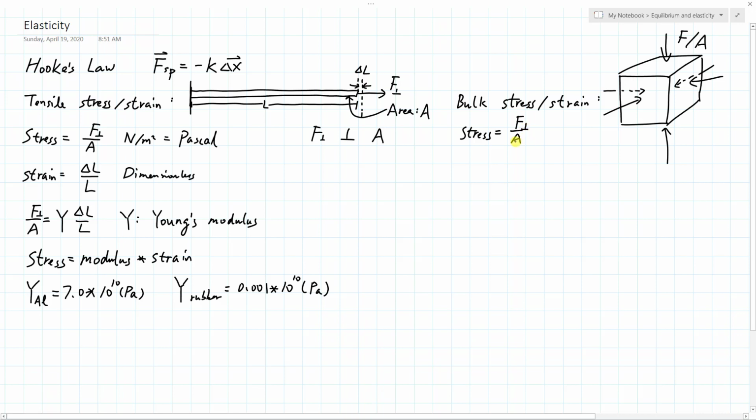So the perpendicular force over area is stress, and it's in Newton per square meter again, so it's in Pascal, Pa. And then the strain is we have a change in volume. So after this, it's difficult to draw, but I'll try. I'll try and draw a smaller sphere.